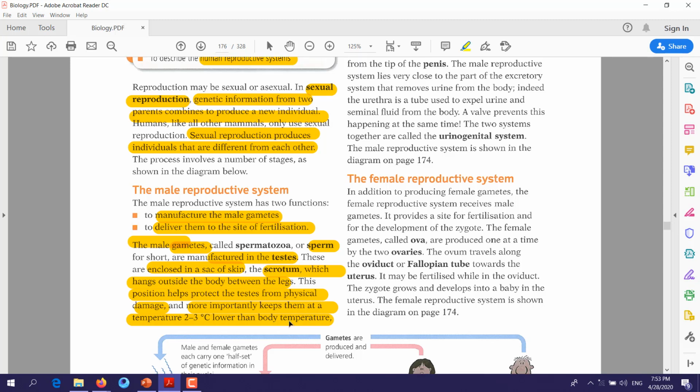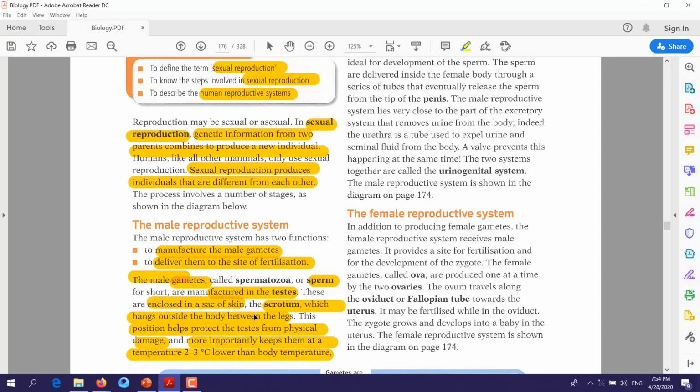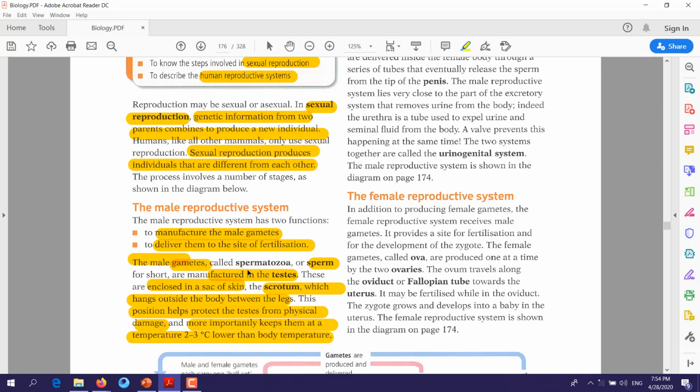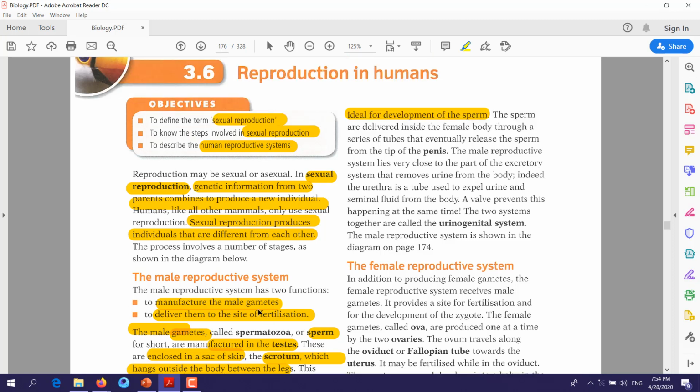What's the benefit of being in a place that is less than body temperature? This lower temperature is ideal for the development of sperm. When the testis makes sperm, if the temperature is lower than body temperature by 2 or 3 Celsius, this is ideal for the development of the sperm.